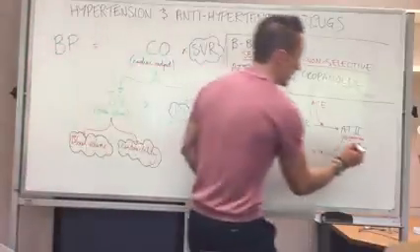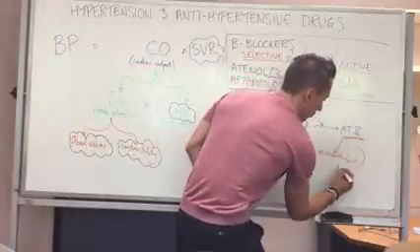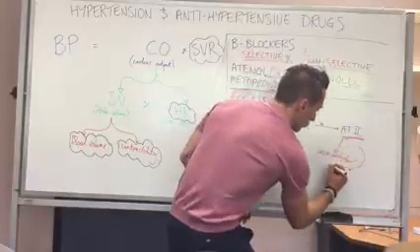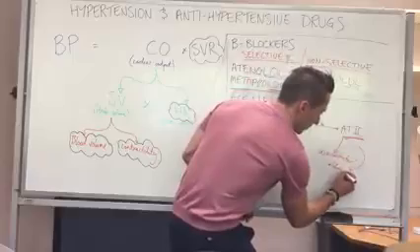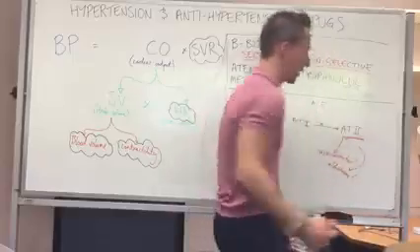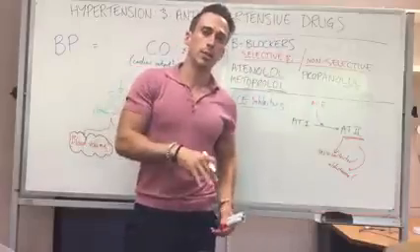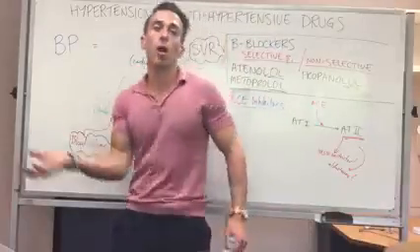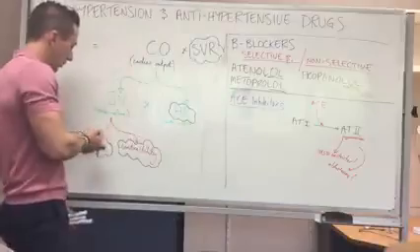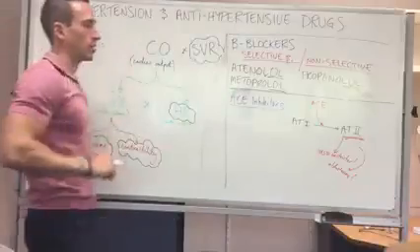What else does angiotensin 2 do? It results in the release of aldosterone. Why is that important? Aldosterone promotes sodium reabsorption at the kidneys back into the blood. More sodium into the blood, more water into the blood, more blood volume, increased blood volume, increased blood pressure.